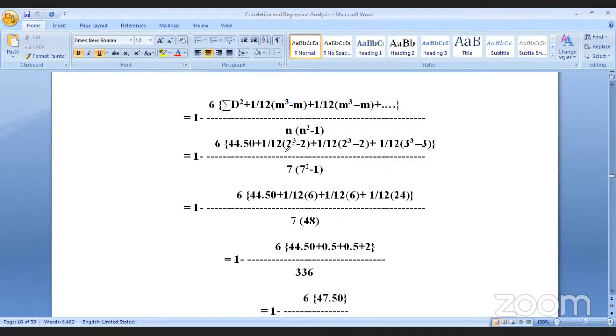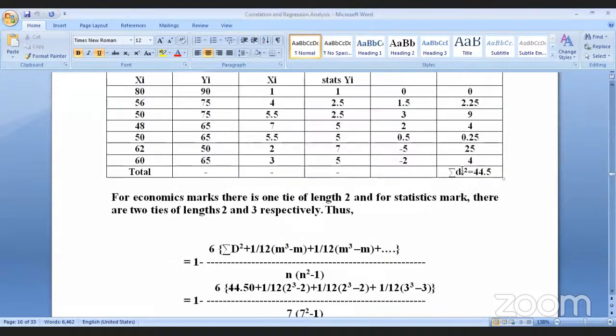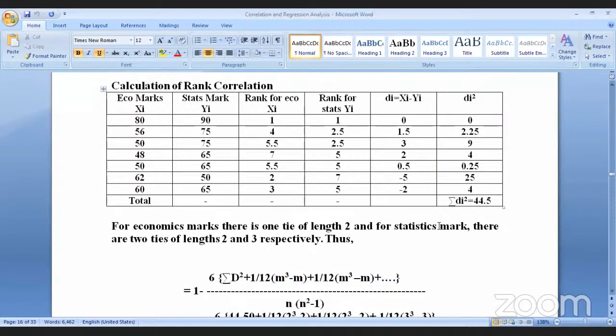See, once again I am repeating. Observe carefully here. In the x variable, 5.5 and 5.5 is repeated 2 times, 2.5 and 2.5 is 2 times, and 5, again 5, again 5, this is 3 times.